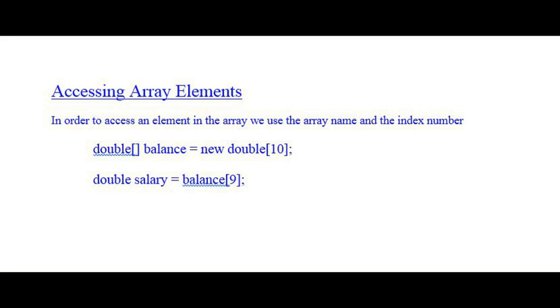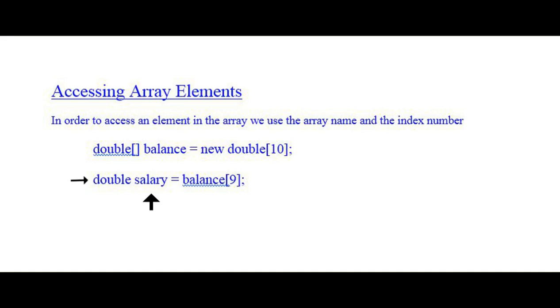So here we have declared an array. It's of type double. The array name is balance, and it contains 10 elements. Following that, we've got a statement saying we've got a variable called salary. The type of that variable is double.